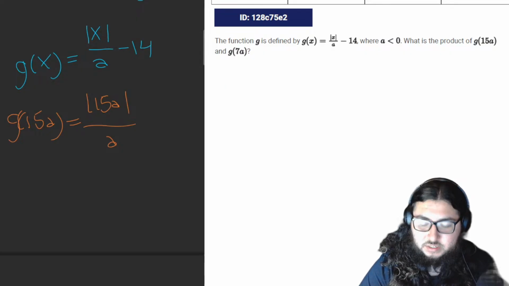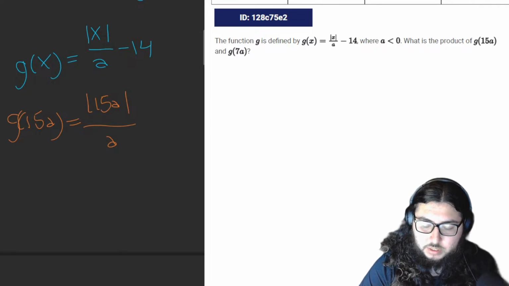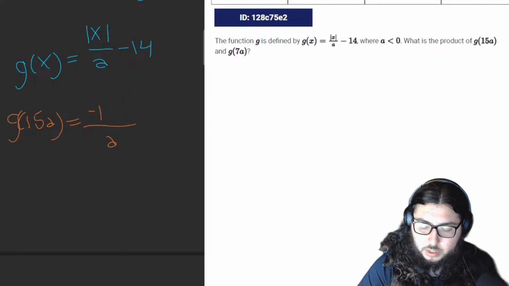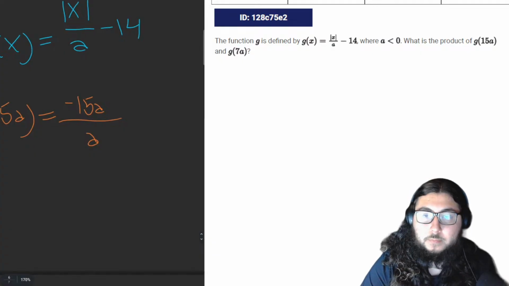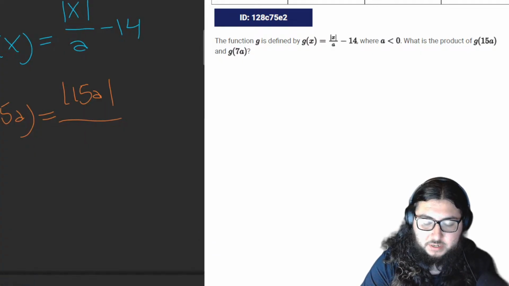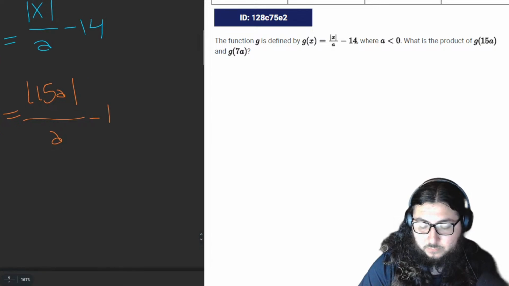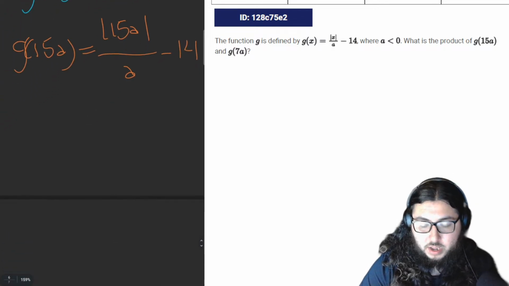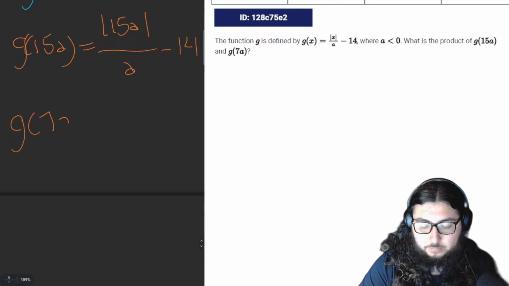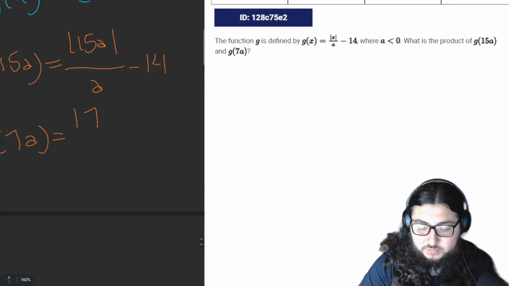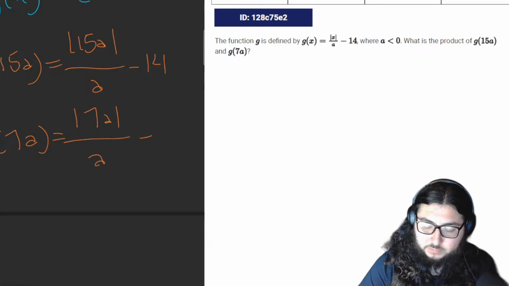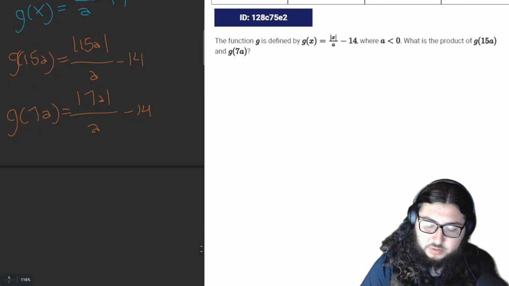And since a is less than 0, the absolute value of 15a is going to be negative 15a. And then g of 7a is going to be equal to the absolute value of 7a over a minus 14. So let's simplify these things.